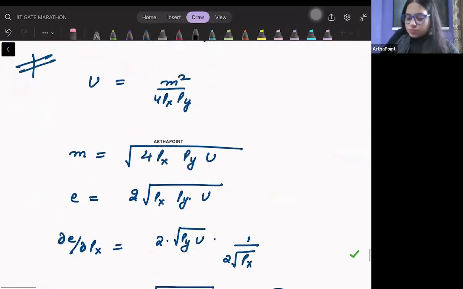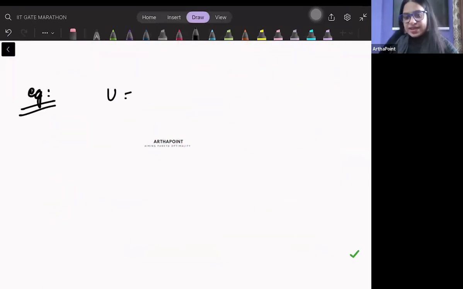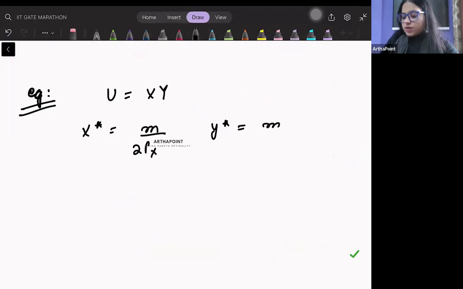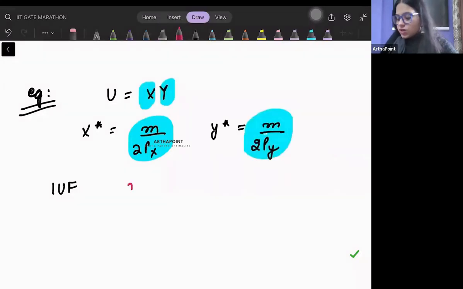Suppose you have a utility function xy. From here we know x star will be m by 2px, y star will be m by 2py. So if I find the indirect utility function, I have to put this x here, this y here, and my indirect utility function will be m by 2px into m by 2py.